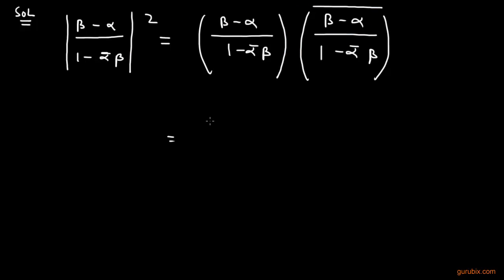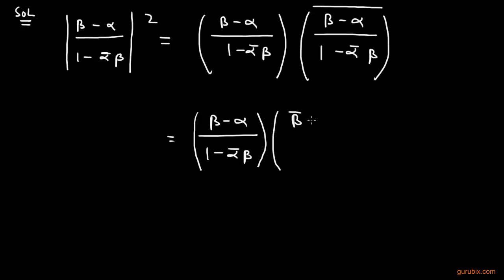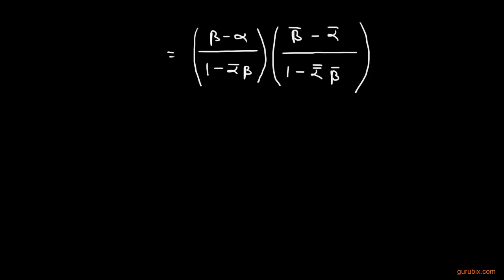Then this value will be (beta - alpha)/(1 - alpha conjugate beta) into (beta conjugate - alpha conjugate), and in the denominator 1 minus alpha conjugate and beta conjugate.